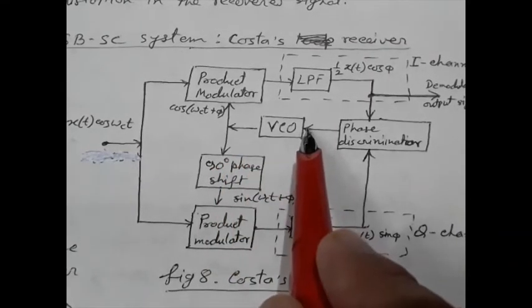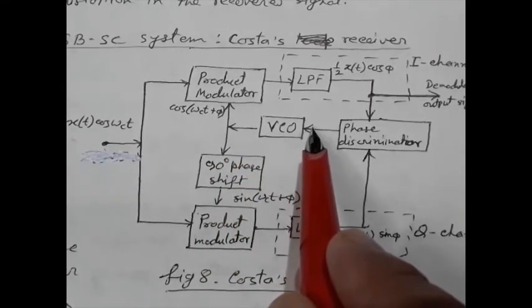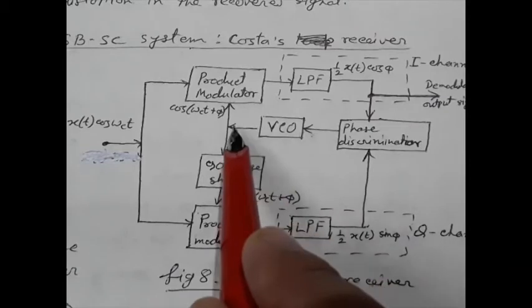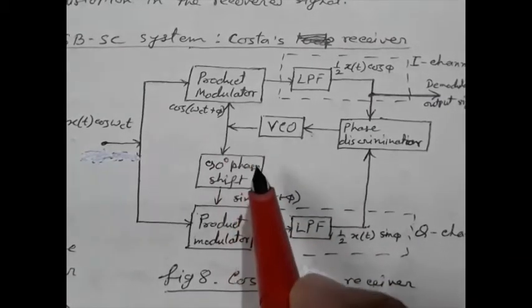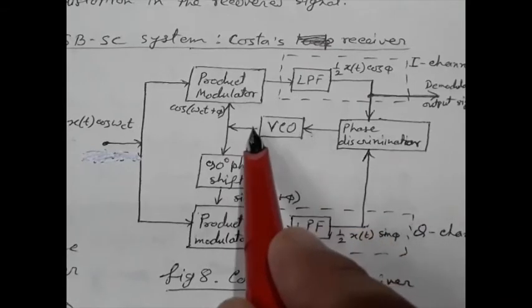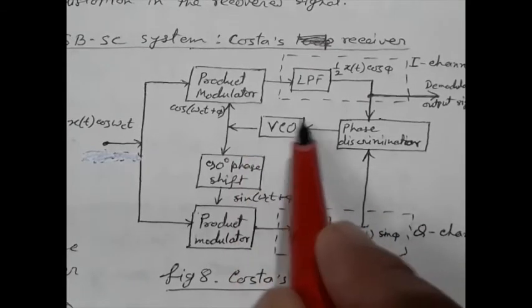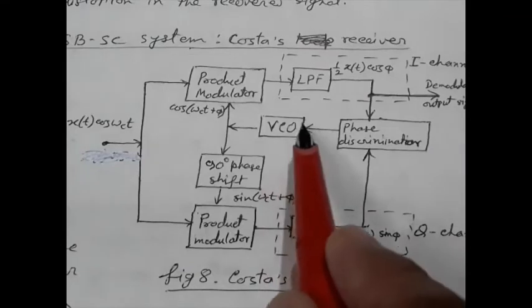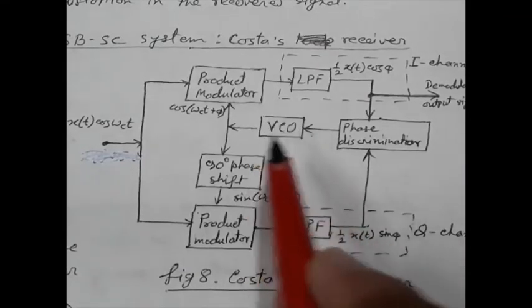Similarly, if the input voltage of the VCO decreases from a nominal value, then the VCO output frequency will also decrease from its nominal value. That means the output frequency is dependent on the input voltage. This is what we call the voltage controlled oscillator.